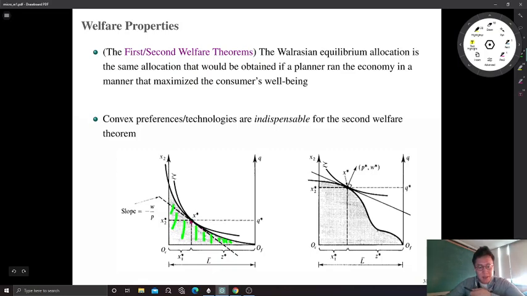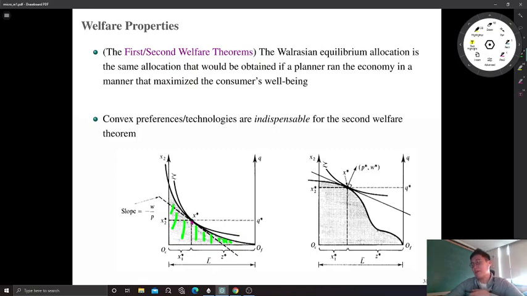In that case, here X star is Pareto efficient, so that is an efficient allocation because this X star is on the production frontier, and it maximizes consumers' utility. So that is an efficient allocation.